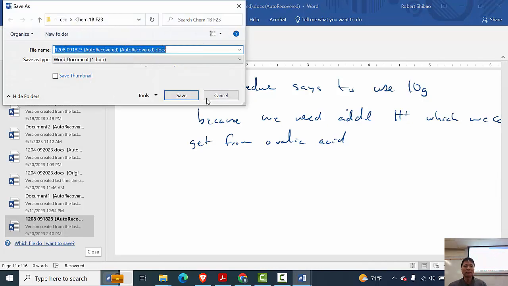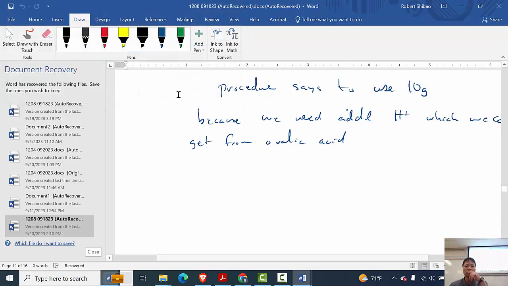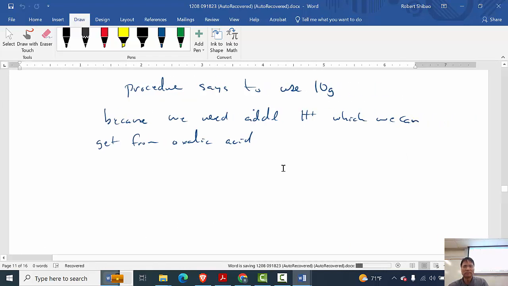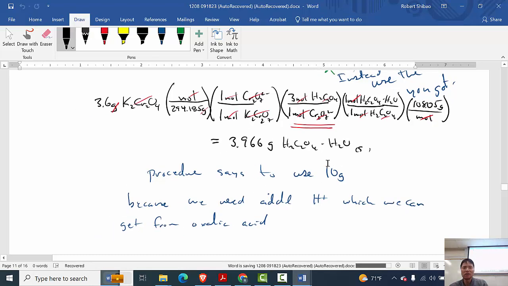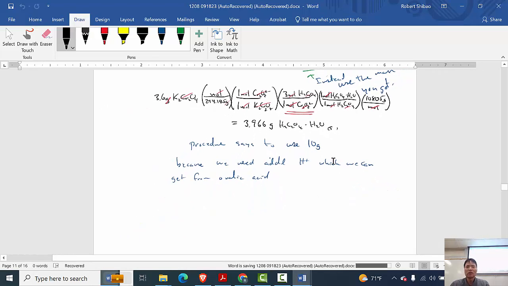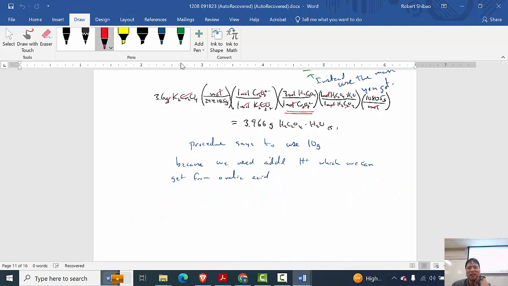All right, this looks okay here. So we need an additional 8 H+. We're going to get those 8 H+ from the oxalic acid. So what that's going to do is change this conversion factor.